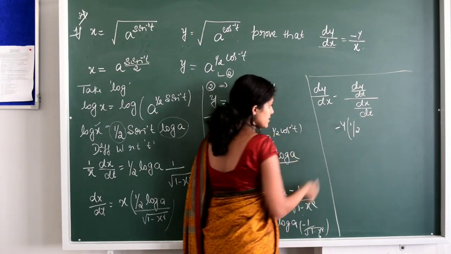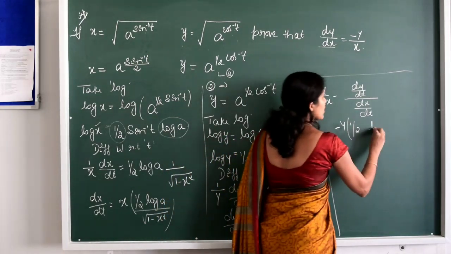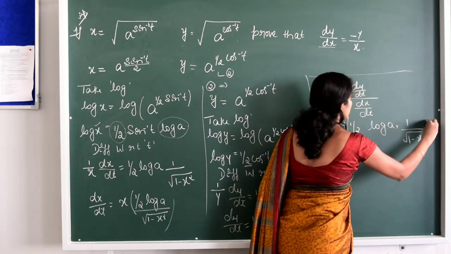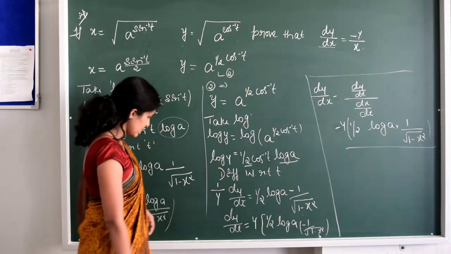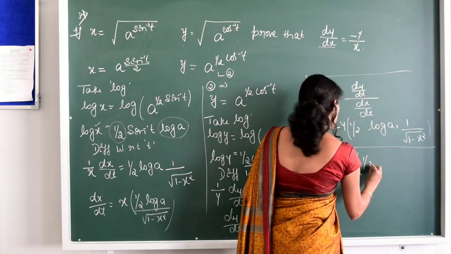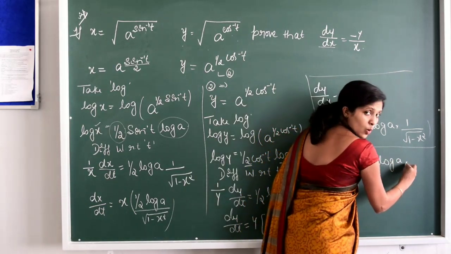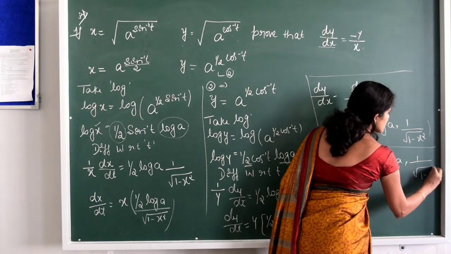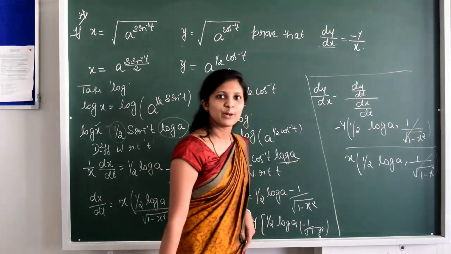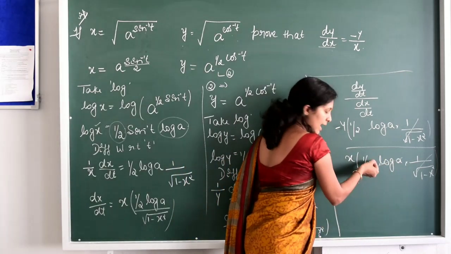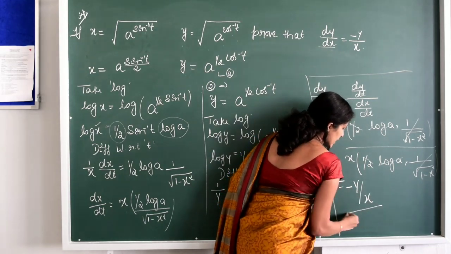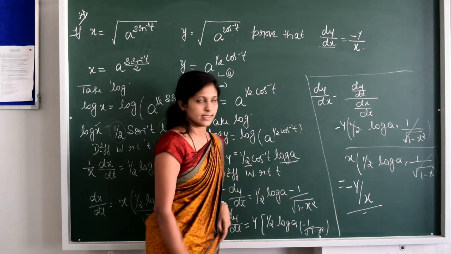It is minus y into 1 by 2 log a into 1 by root of 1 minus t square, divided by dx by dt, which is x into 1 by 2 into log a into 1 by root of 1 minus t square. So here you can cancel 1 by root of 1 minus t square, log a can be cancelled, and 1 by 2 and 1 by 2. So answer is equal to minus y by x. So we proved that dy by dx is equal to minus y by x. Important problem.